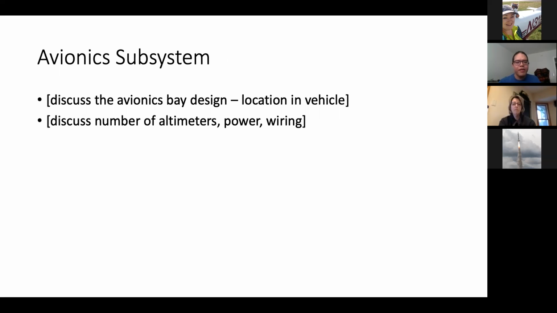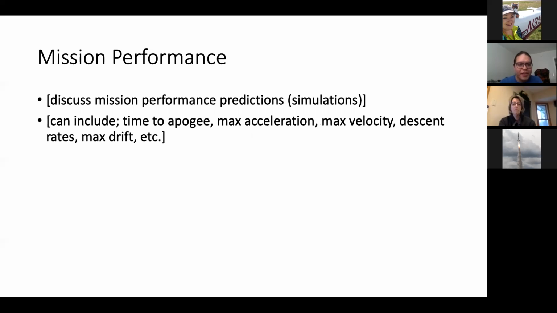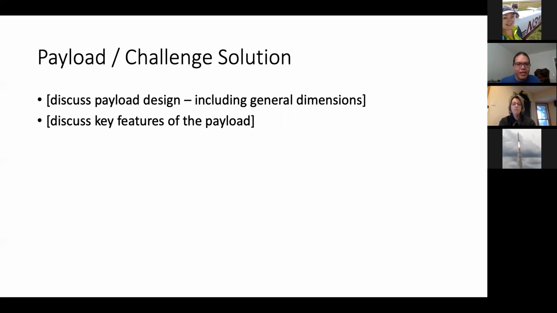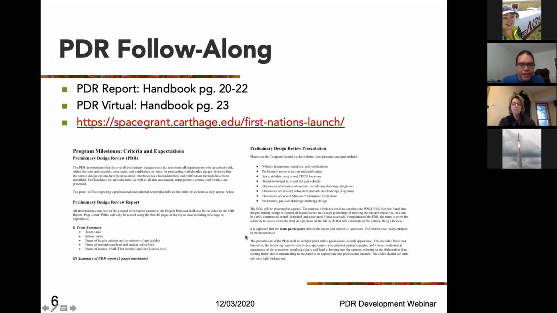Same thing with your altimeter bay, dual deployment stuff, your batteries, stuff like that, you'll put there, and then all your parachutes and how fast it comes down with the parachute. And then these are where you'll put the output of the data once you've run simulations in RockSim, like how high did it go over time, how fast did it go, stuff like that. You'll put that here, and then detail your payload there. So that's what that looks like.